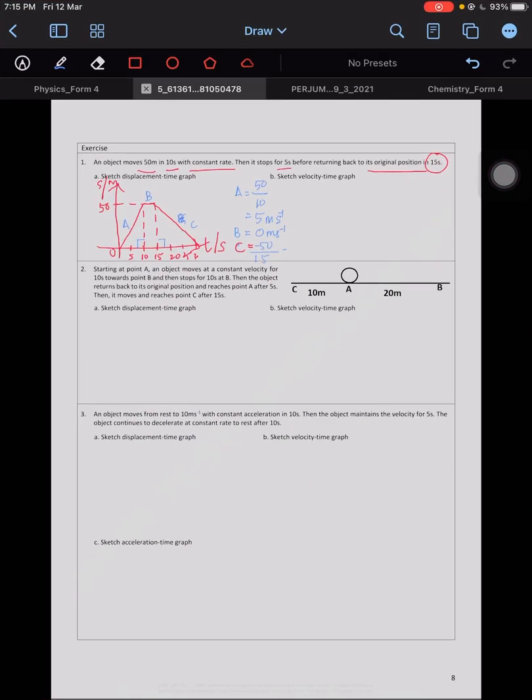So what will be your answer? Okay, so 50 divided by 15, you get 3.33, negative 3.33 meters per second.